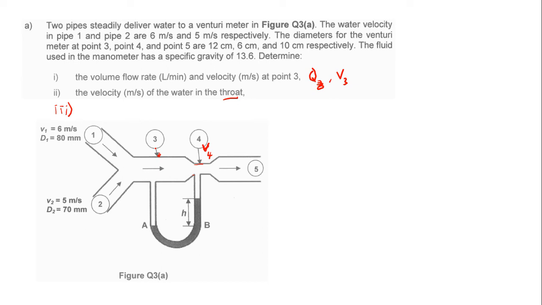We will learn that in week 8 when you come back from your semester break. So how can you do number 1, the volume flow rate at point 3? How do we do it?